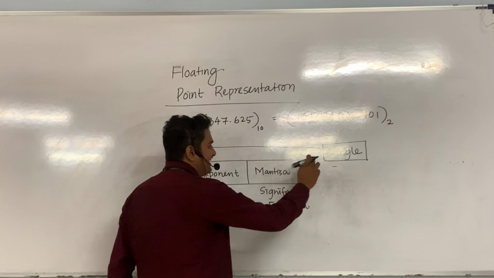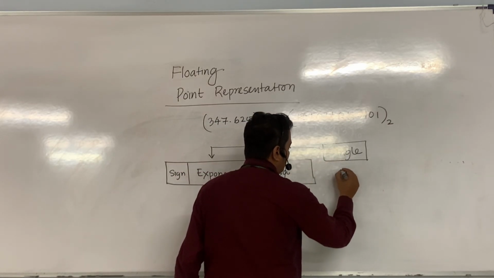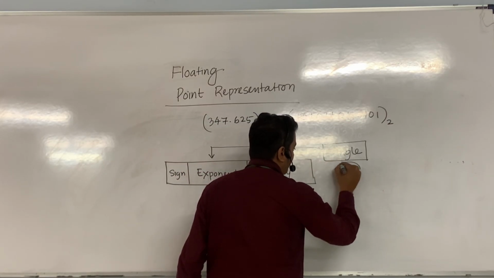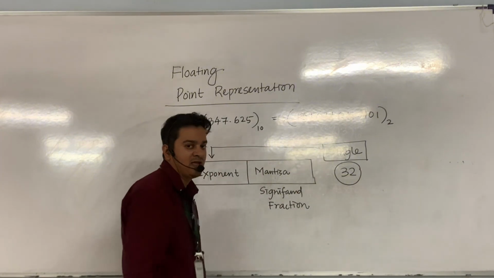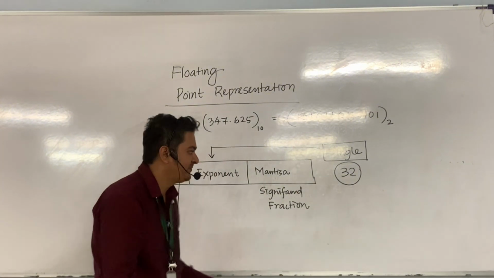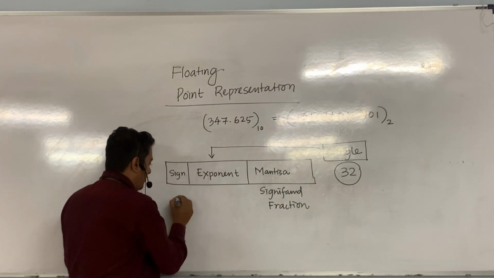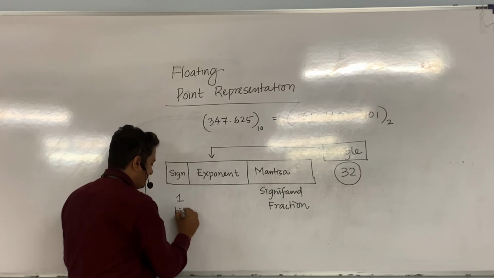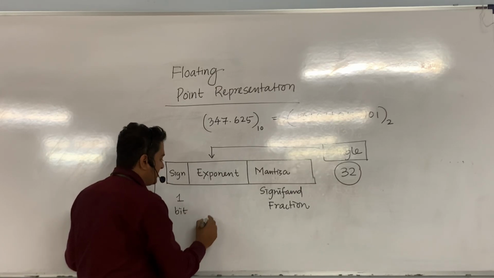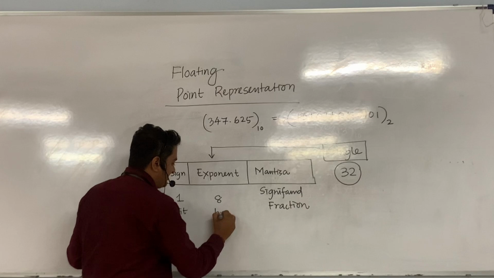In this single precision format, the total number of bits we are dealing with is 32. How is it divided? For sign, 1 bit. For exponent, it is 8 bits.